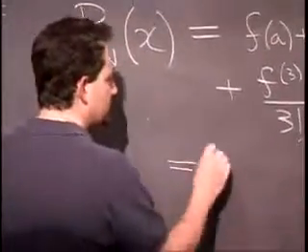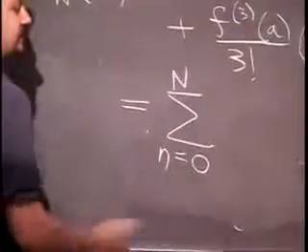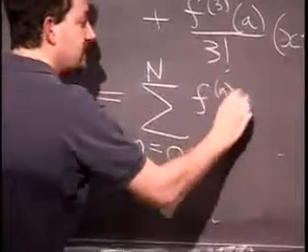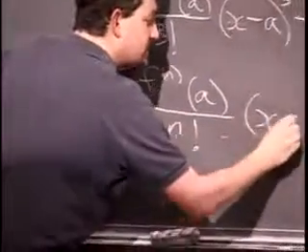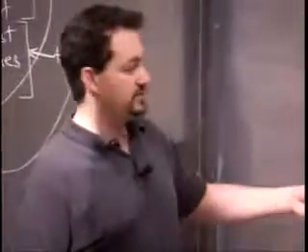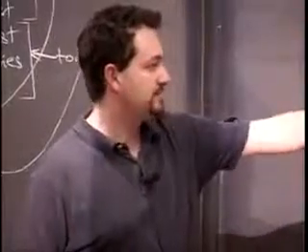Now, it does have a nice form in sigma notation, which looks like this. The sum from little n equals 0 to big N, it's the nth derivative at A over n factorial times x minus A to the n. And that clearly matches the previous expression, at least for 3 on up, even for 2.